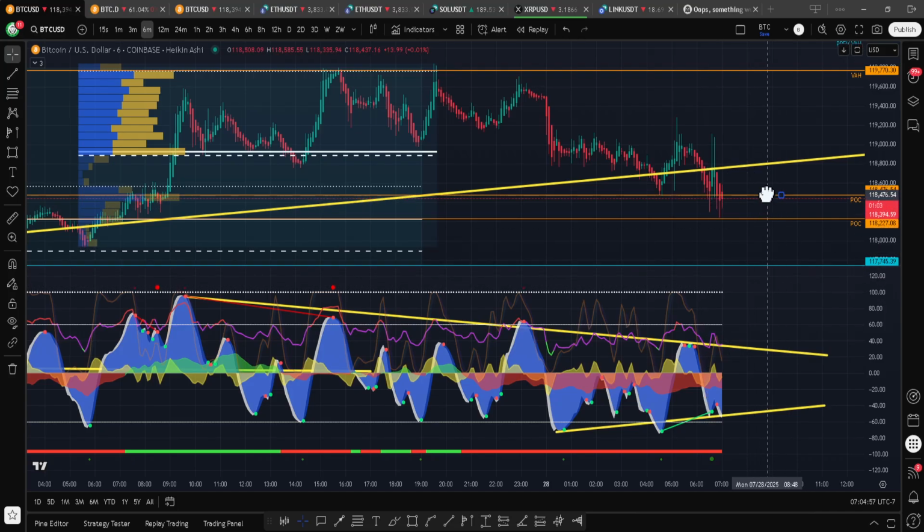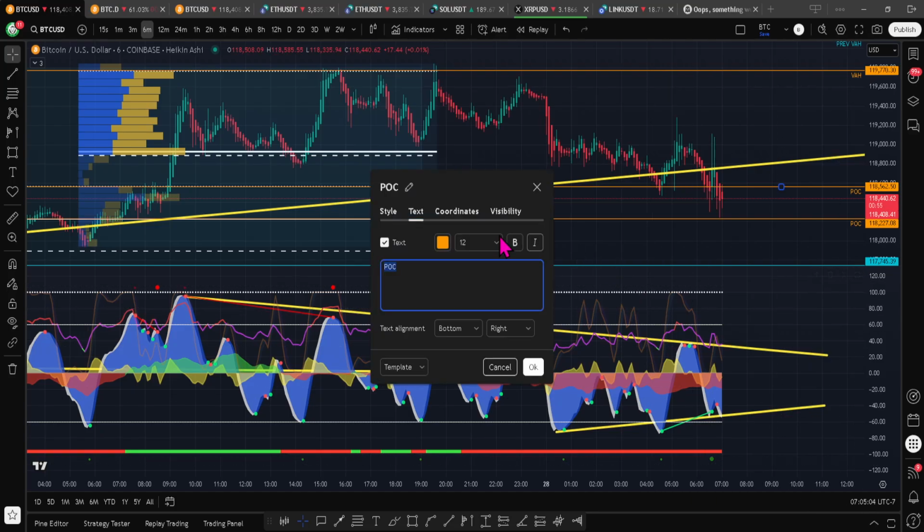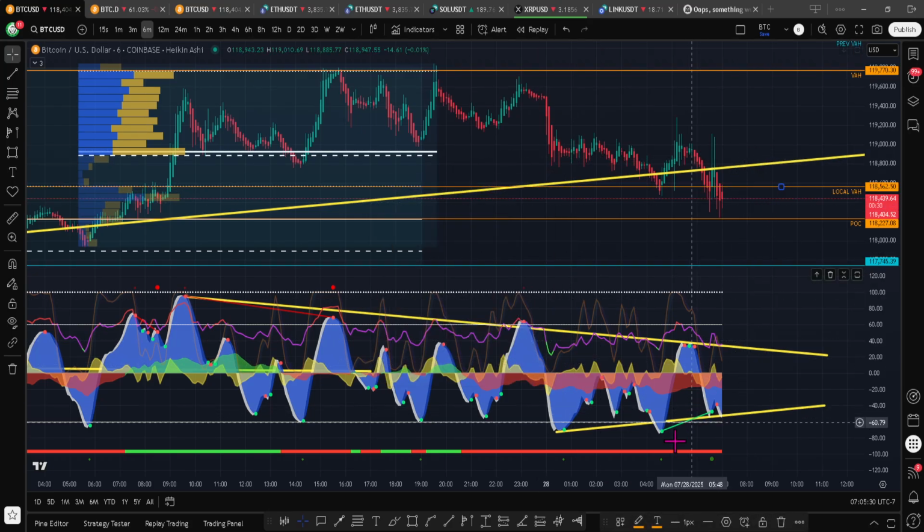We're going to put that on this level, which we already hit. Okay, and then we're also going to zoom in to the 1 minute. Actually, we're going to call these levels local.